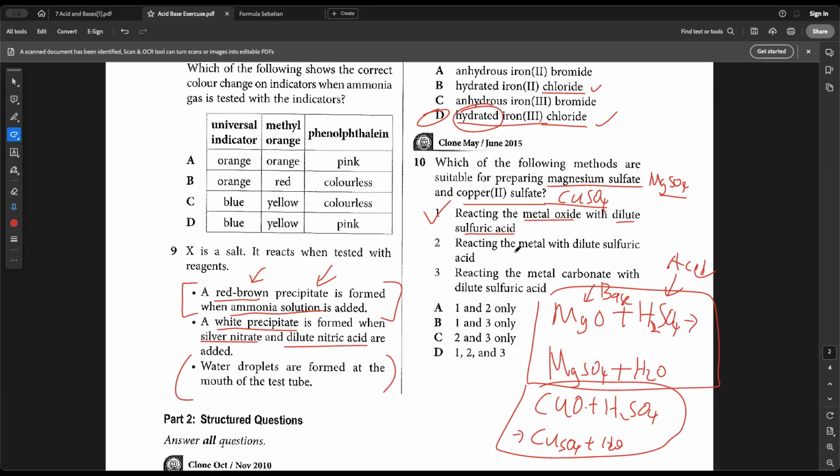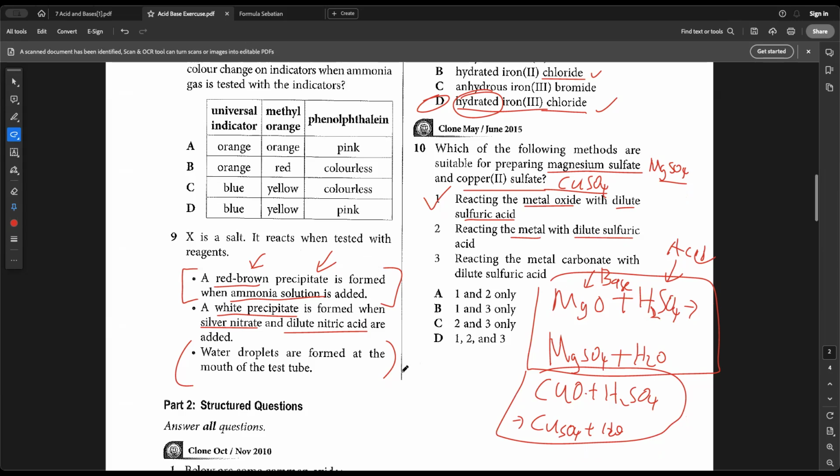Why? Because they asked to react metal with dilute sulfuric acid. Metal with dilute sulfuric acid can work. If, let's say, Mg plus H2SO4, it can still become MgSO4 plus H2. This one still can.